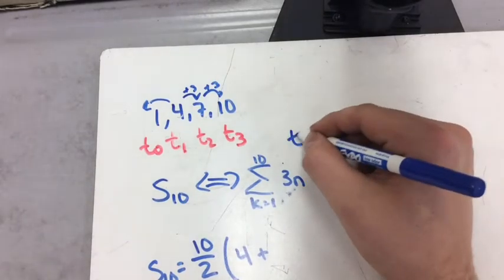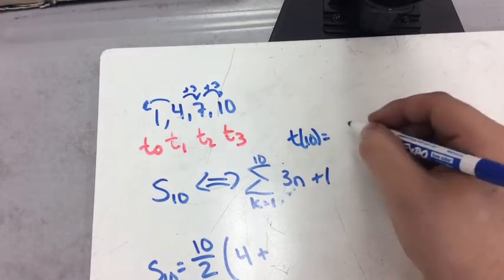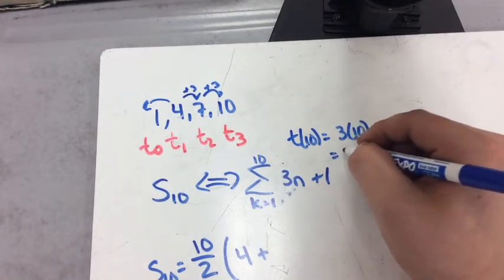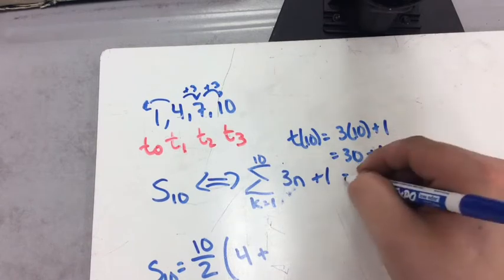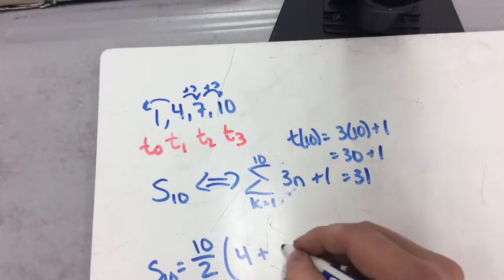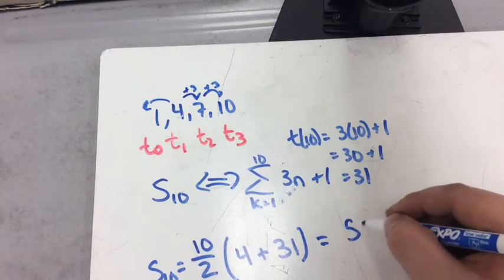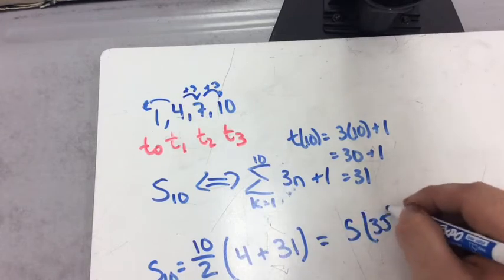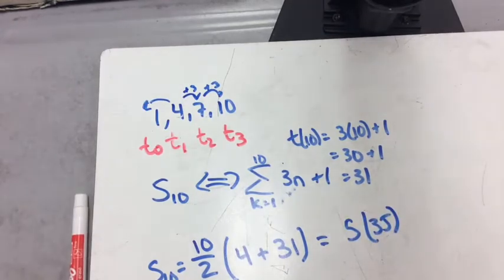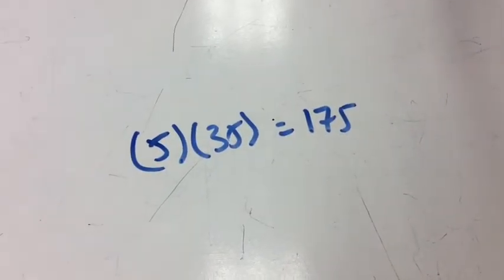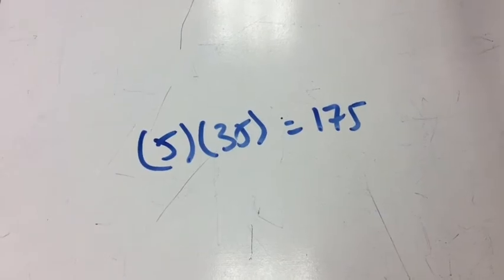So t of 10 equals 3 times 10 plus 1. So this equals 30 plus 1, or 31. So now I can write t of 10 right here as 31. And now I'm just doing simple arithmetic. So this becomes 5 times 35, which if I plug this into a calculator, 5 times 35 is 175.